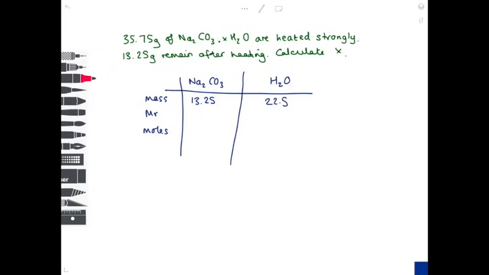The MR, use the periodic table, so we'll see sodium is 23, times it by 2 because of that small 2, plus carbon's 12, plus 3 lots of oxygen, which is 16, to get an MR of 106. And I know off by heart that the MR of water is 18, and you can check that in the periodic table if you don't believe me. To work out the number of moles now, mass divided by MR, giving us 0.125.